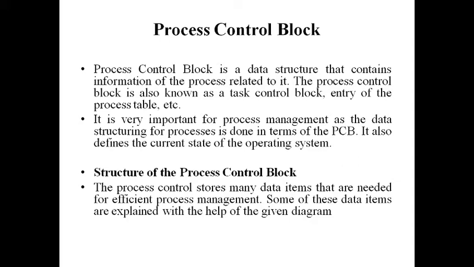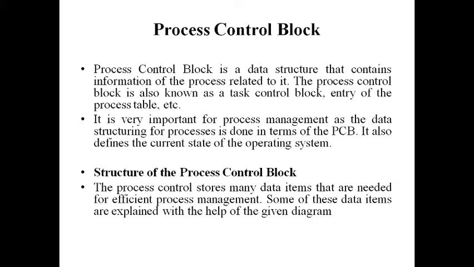When a process is being executed, who is executing? When the operating system allocates resources, only then is the process executing. So the current state of the operating system is also known by the process control block, because the process is executing only because the operating system is providing the resources.